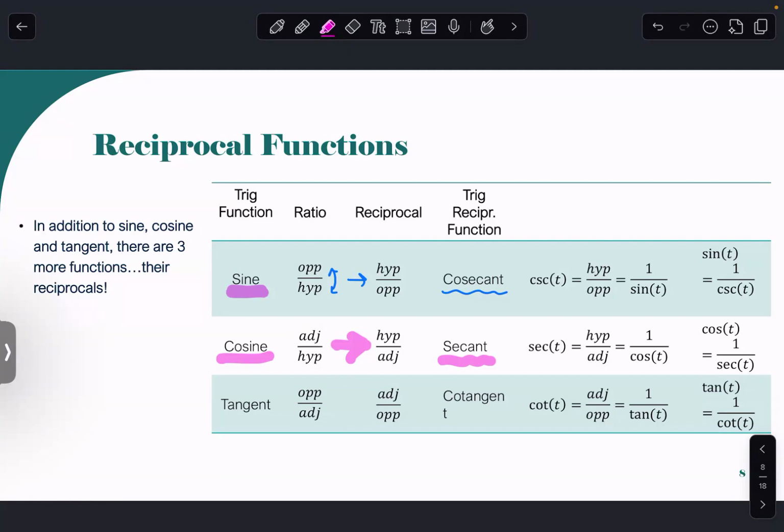And then finally we have tangent, which is opposite over adjacent. Its reciprocal would be adjacent over opposite, and we call this one cotangent. So cotangent is 1 over tangent, or we can say tangent is 1 over cotangent. Whew, I know that's a big mix-up, but it is important to note that we have some reciprocal functions.